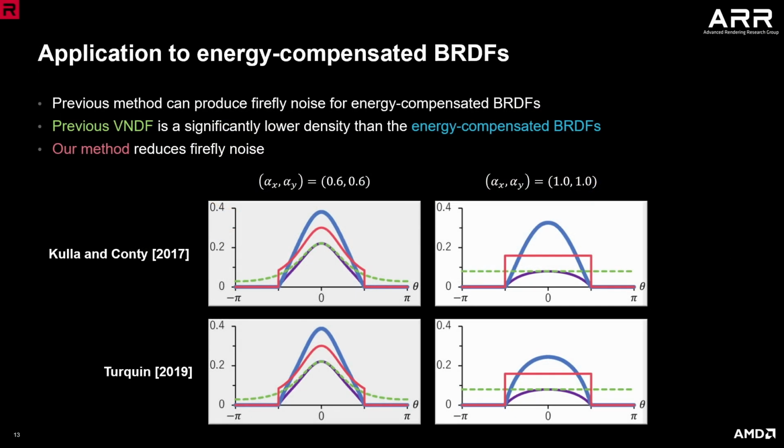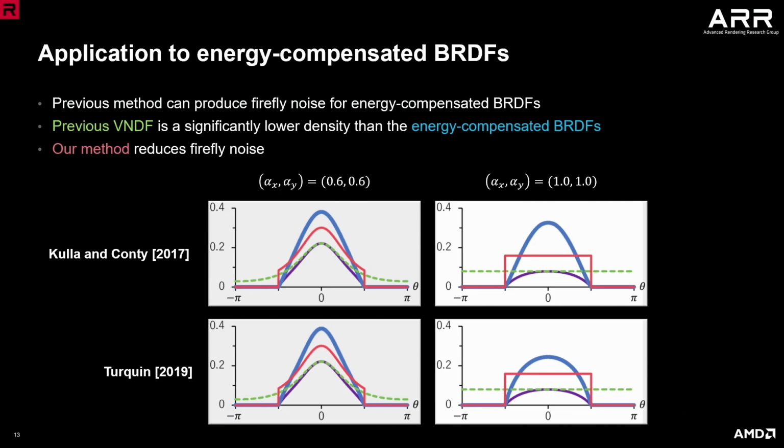Our method is also applicable to energy compensated BRDF. We found that the previous method can produce firefly noise for energy compensated BRDF. This happens because the PDF of the previous method doesn't match the shape of the energy compensated BRDF.